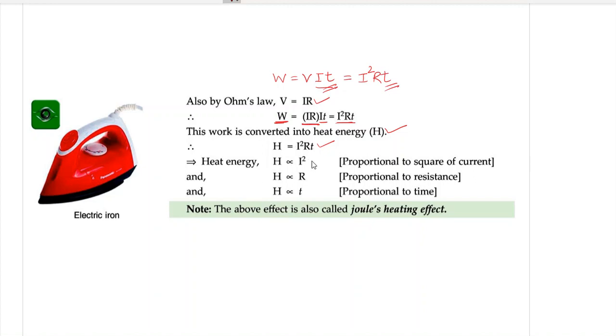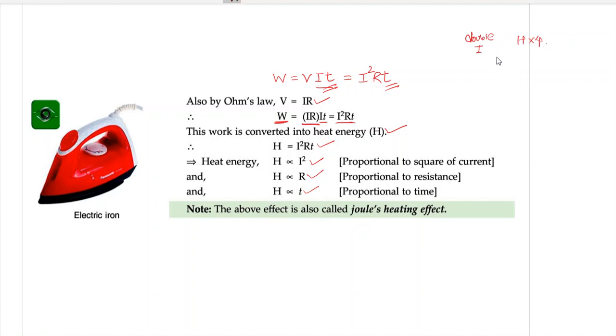So heat energy is directly proportional to the square of the current. It is directly proportional to the resistance, and it is directly proportional to the time for which the current flows in the conductor. That means if you double the current, heat energy becomes 4 times.